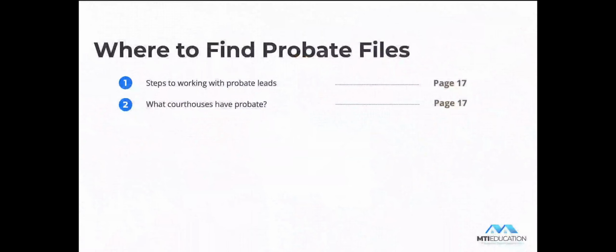Okay, so the question is, what courthouses have probate? That's the next topic. To find your local probate court, remember, your local probate court is at the county level. I'm going to use California as an example.